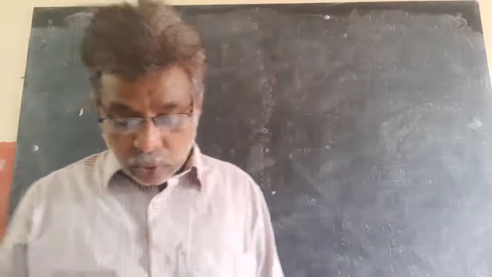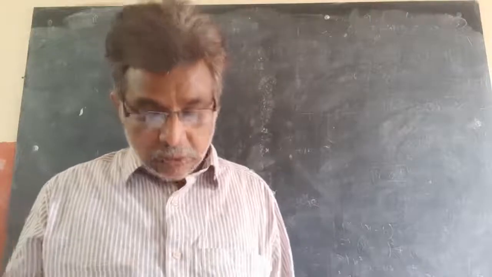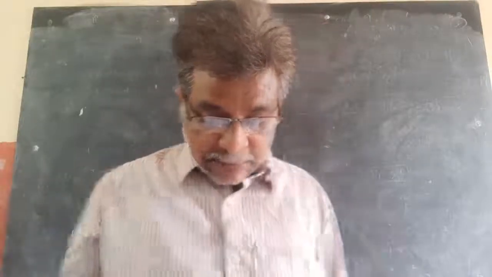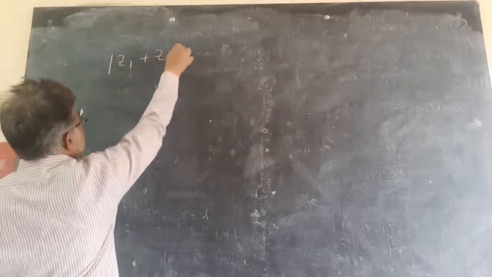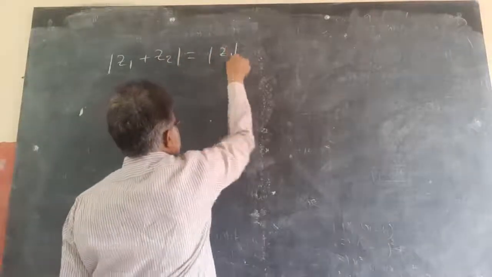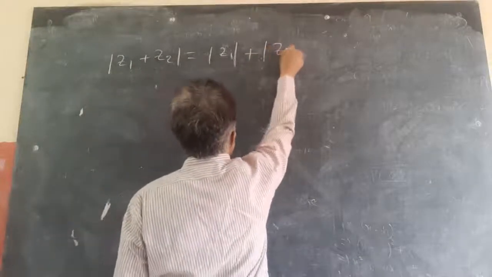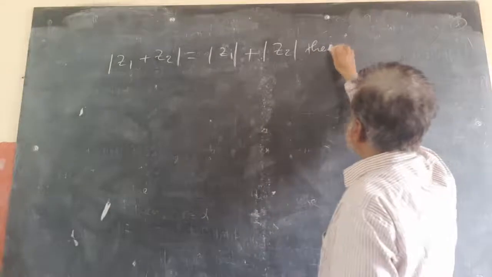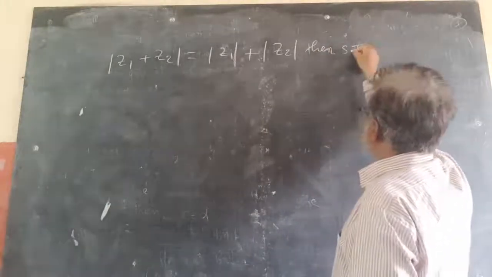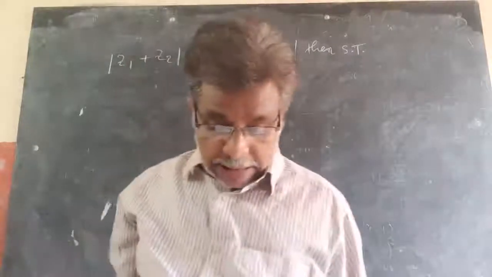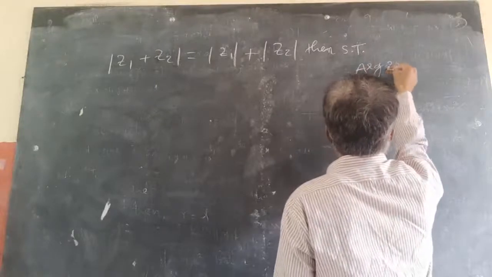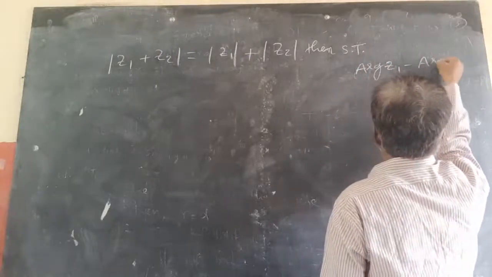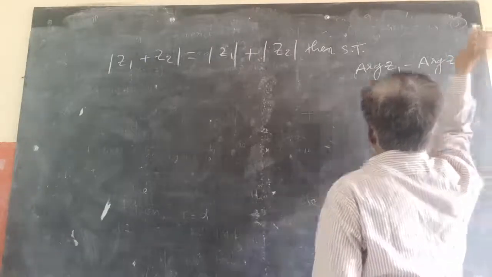If Z1, Z2 are two non-zero complex numbers such that modulus of Z1 plus Z2 equal to mod Z1 plus mod Z2, then show that arg Z1 minus arg Z2 equal to 0.